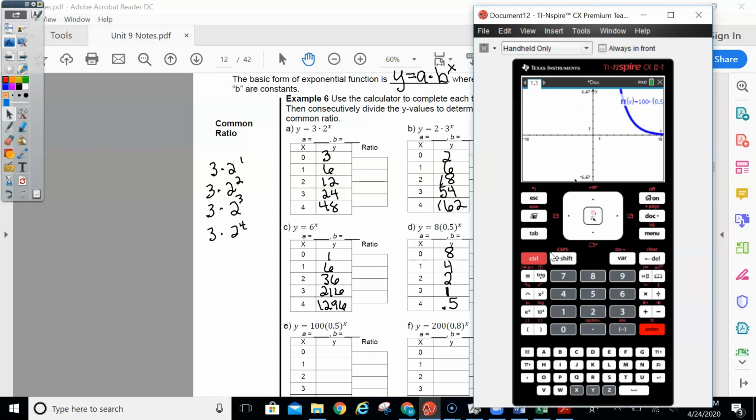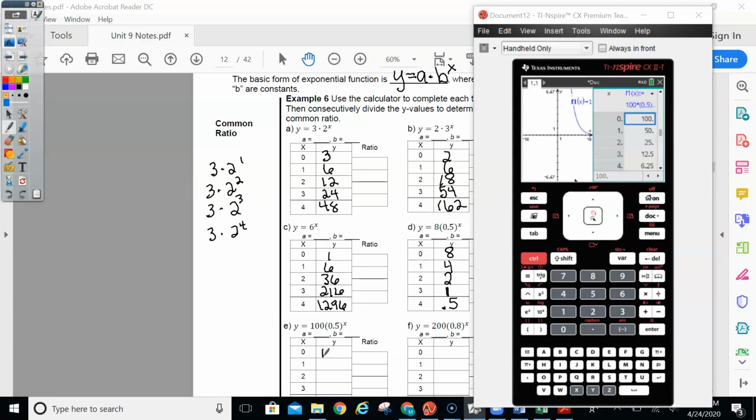And we're looking at the table for this one. So Control T. At 0, we have 100. At 1, we have 50. At 2, we have 25. And at 3, we have 12.5. There's actually a 4 down there. It's just I can't see it in this picture.